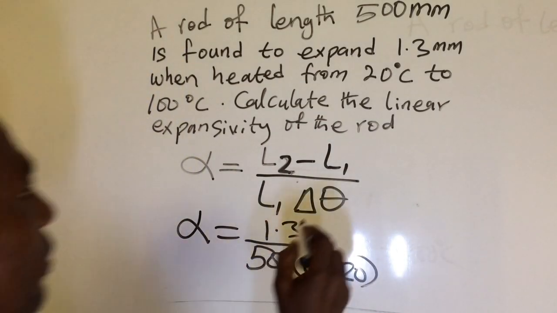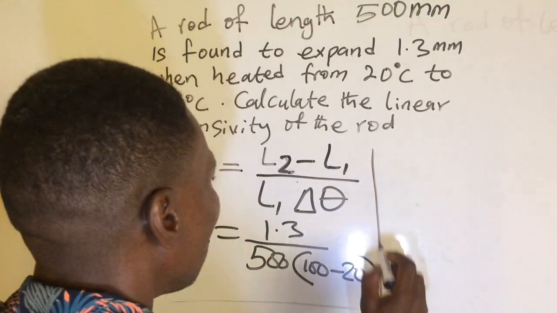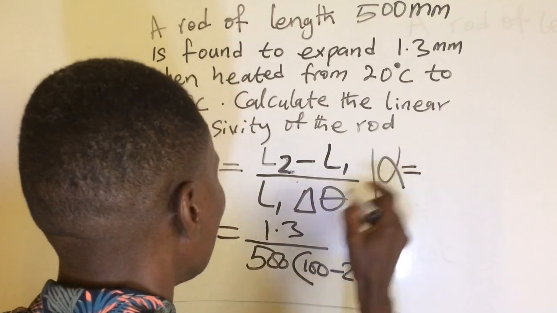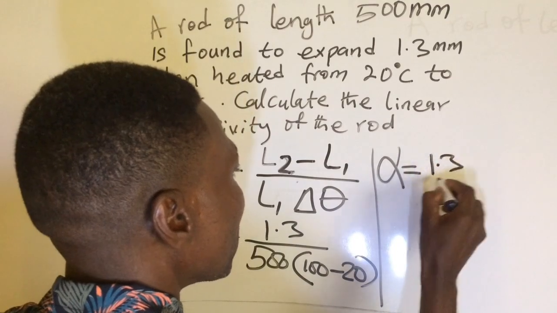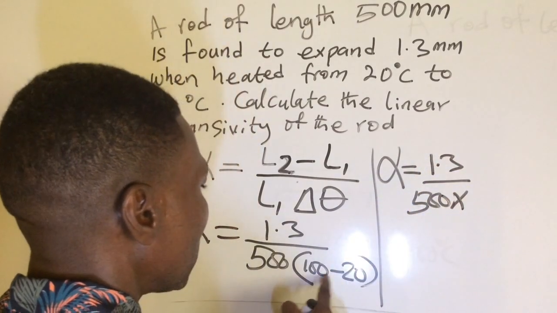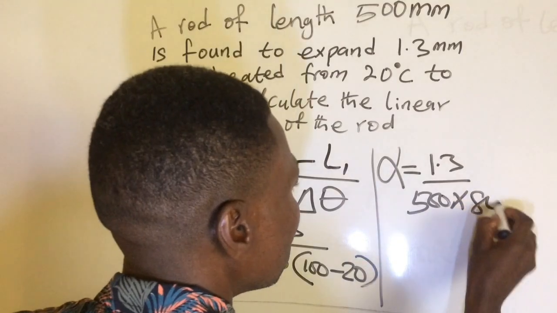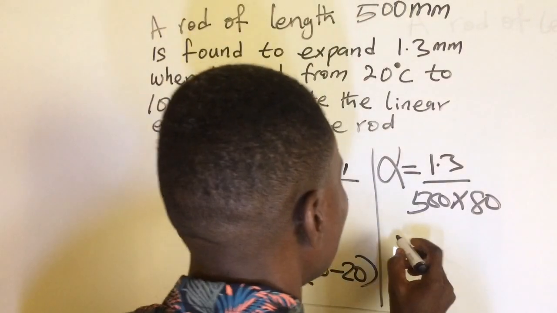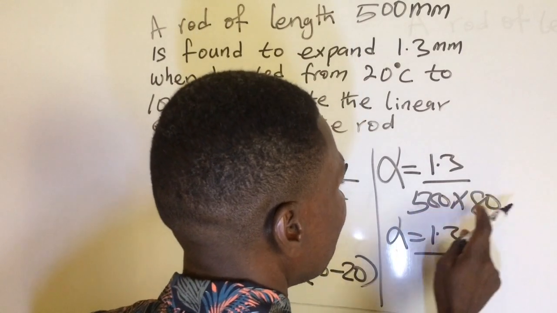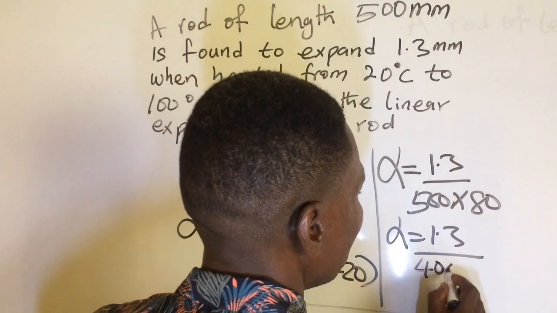Continuing our solving, we now have linear expansivity equals 1.3 all over 500 times 100 minus 20, which is 80. So 500 times 80 is 40,000.